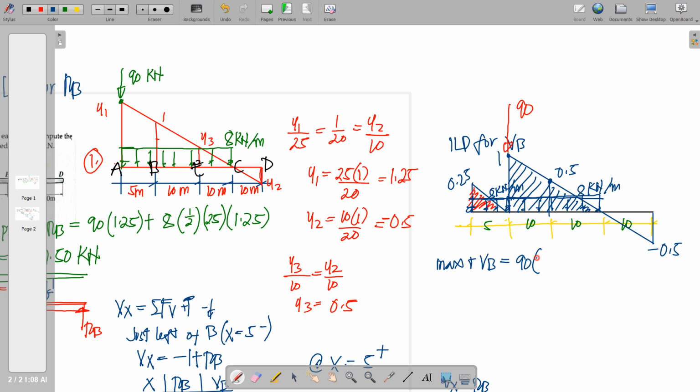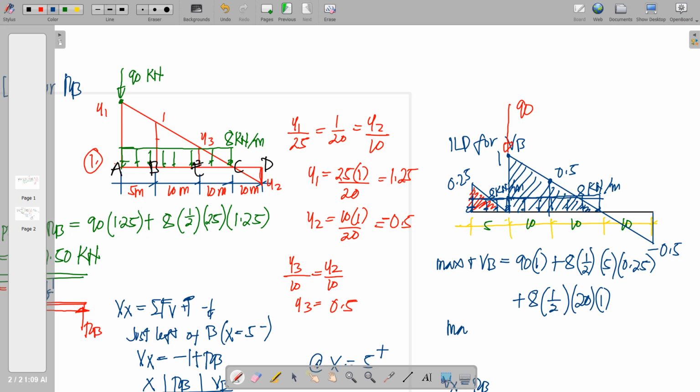90 times the ordinate 1, plus the smaller triangle times the uniformly distributed load, that is 8. So 8 times the area, 1/2 base times height, 5 times 0.25, and then we also add the larger one, multiplied by the distributed load, that is 8 times 1/2 base times height 1.